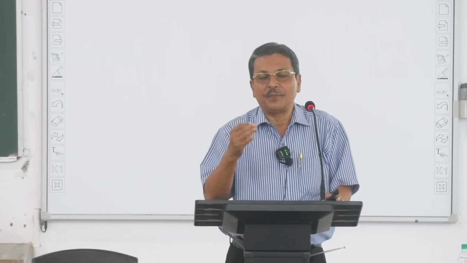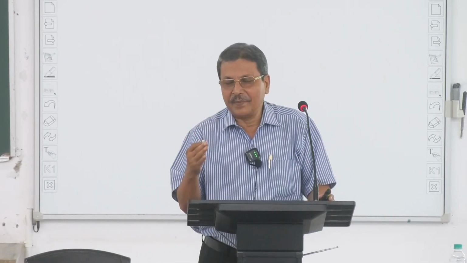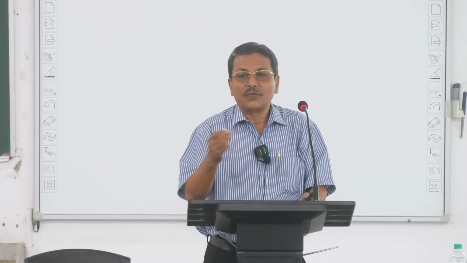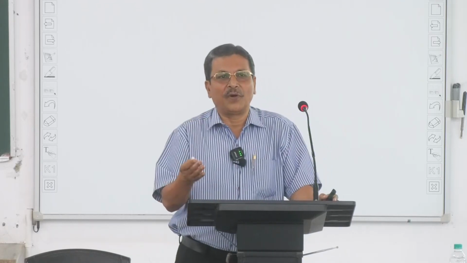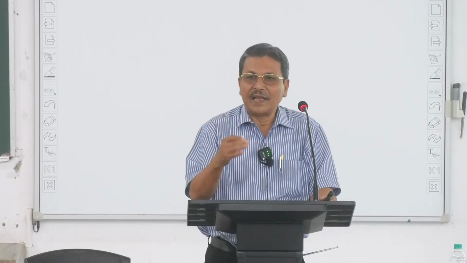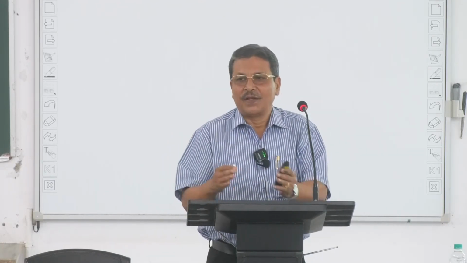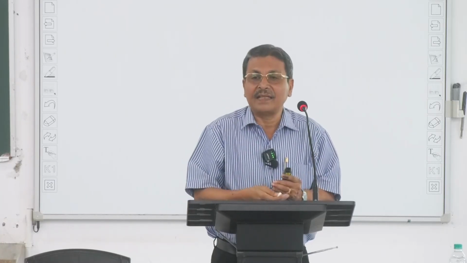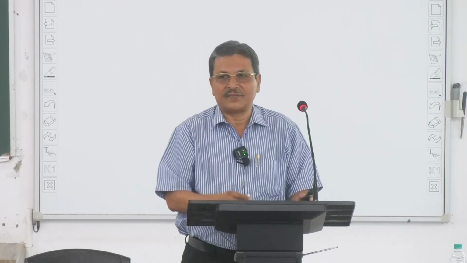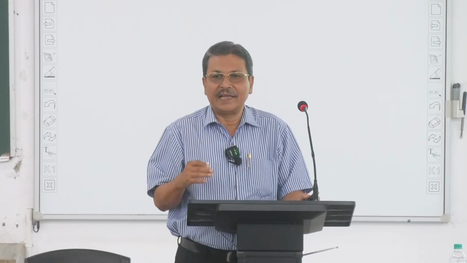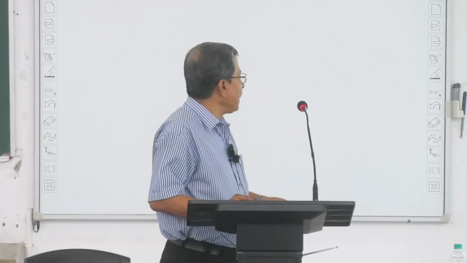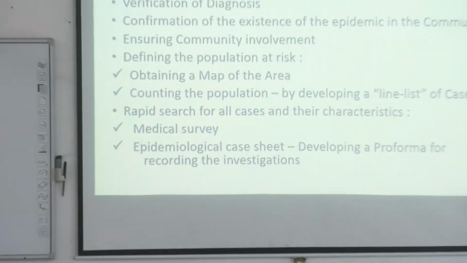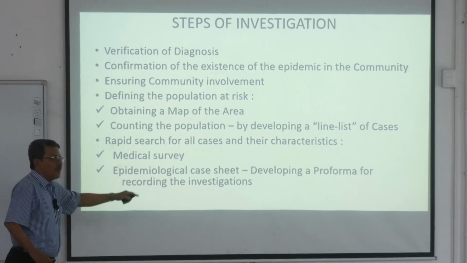If it is a waterborne epidemic, what are the drinking water sources; if it is a foodborne infection, what are the food courts, parties, community kitchens, and where they get their foods. Everything you have to do through a medical survey, recording it on an epidemiological case sheet.